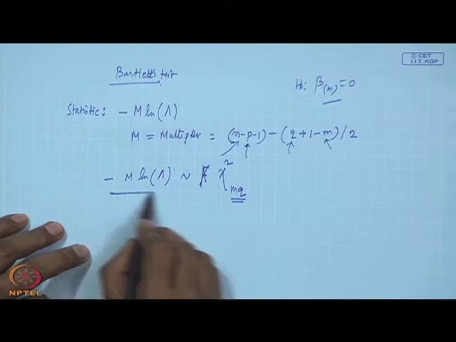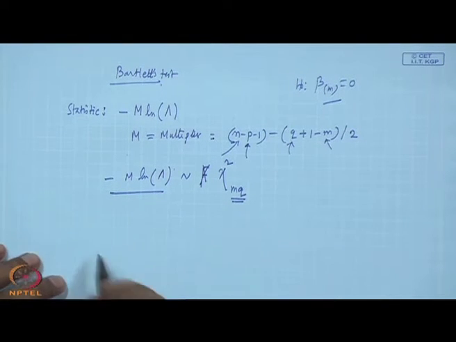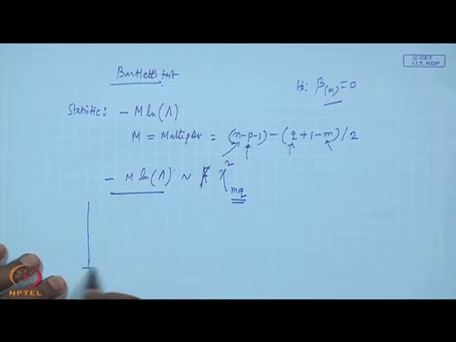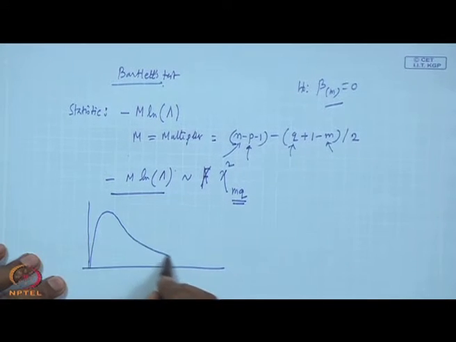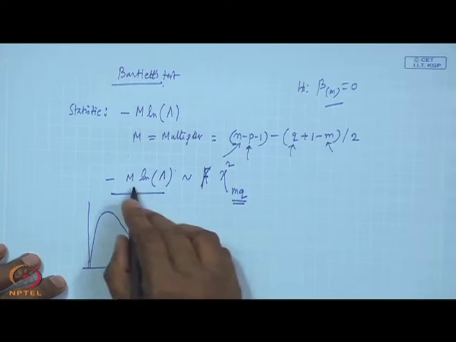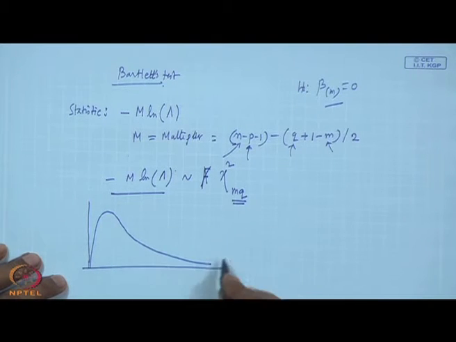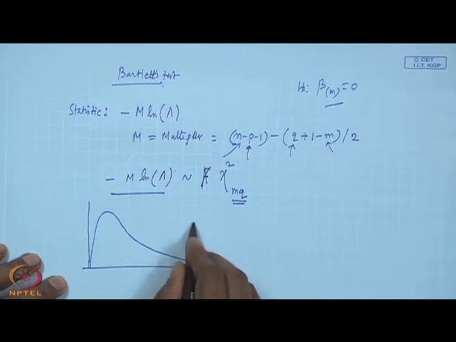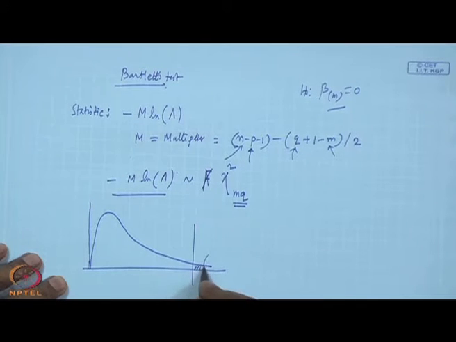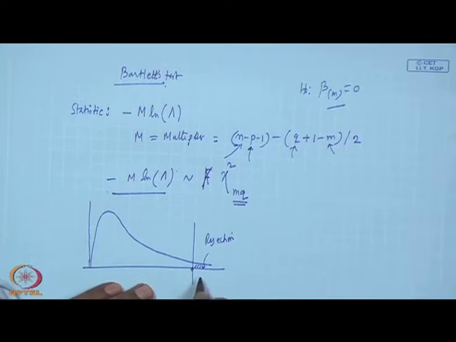Now, what will you do then? You know that this chi-square distribution looks like this, and our minus m log lambda follows the chi-square distribution. So, beyond some value is the rejection region. You find out whether minus m log lambda is falling somewhere in the rejection region or not.